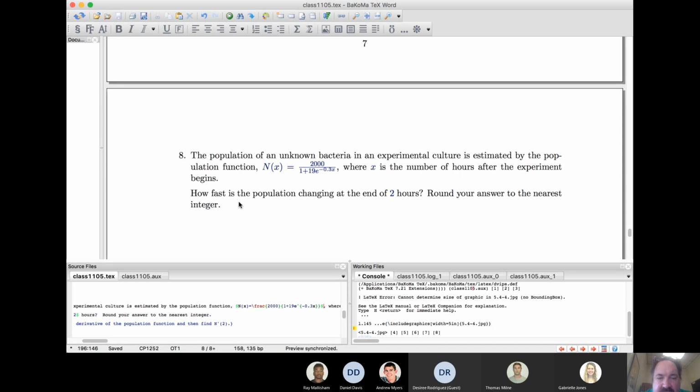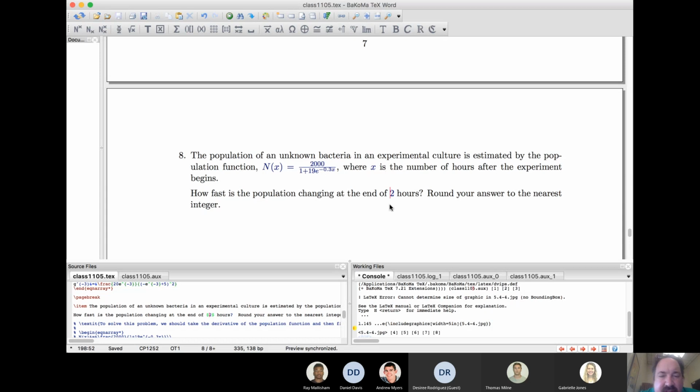So what the problem is asking for is, how fast is the population changing after 2 hours? So in terms of this function n of x, can anyone tell me, when it says how fast is the population changing at the end of 2 hours, what is it that this problem is actually wanting us to compute in terms of this function n?